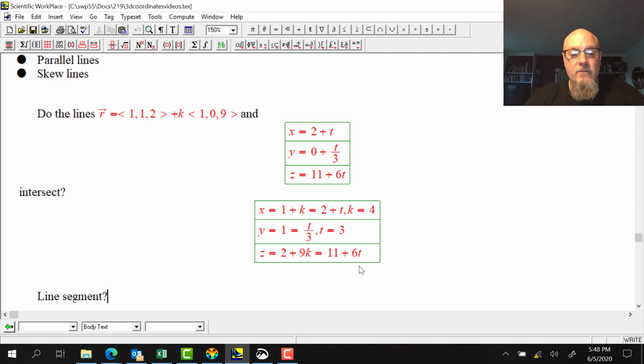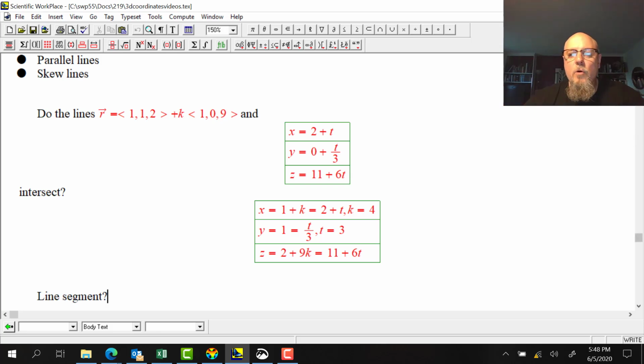Last thing to do with lines. What about a line segment? Now, lines are supposed to go on forever in one direction and forever in the other direction. A line segment starts one place and ends at another place.